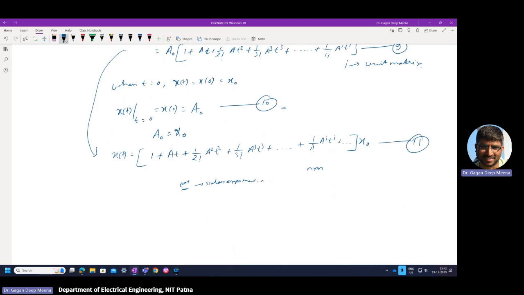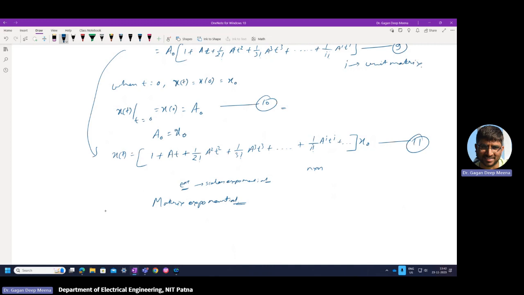Okay, so now what will we have? This whole thing, if we write it in the form of an exponential, would be known as the matrix exponential. So here one topic, the matrix exponential, is getting done.